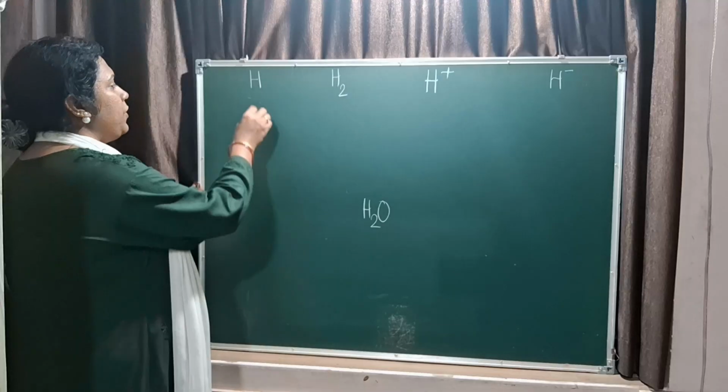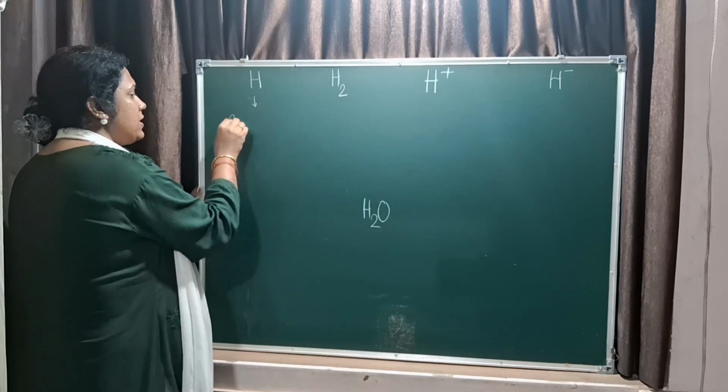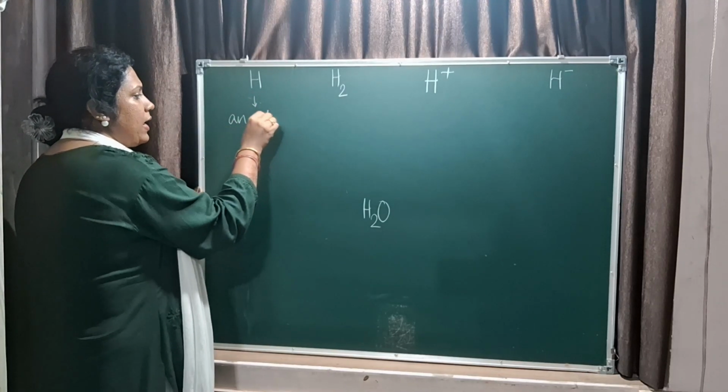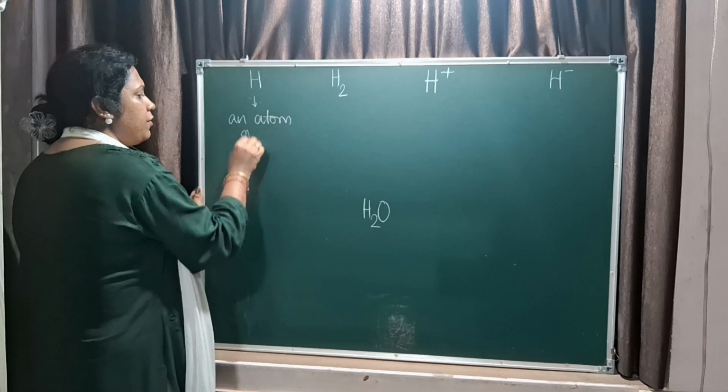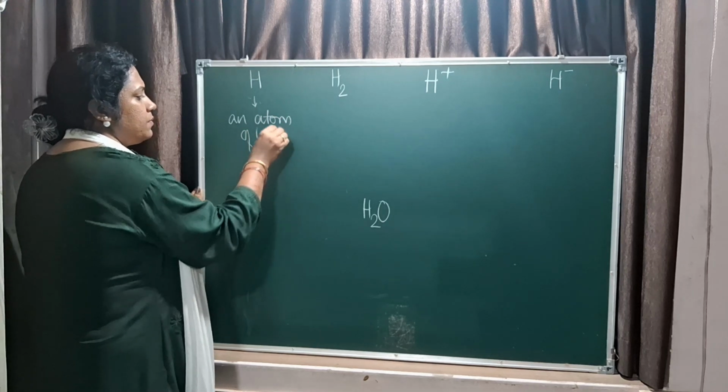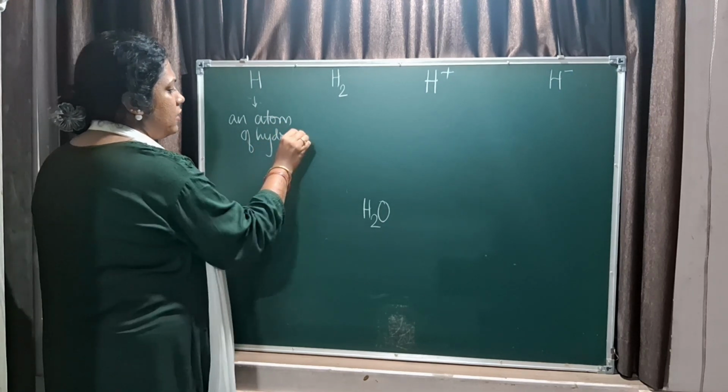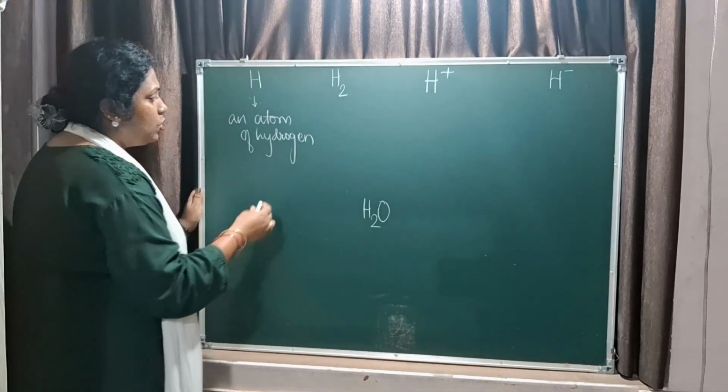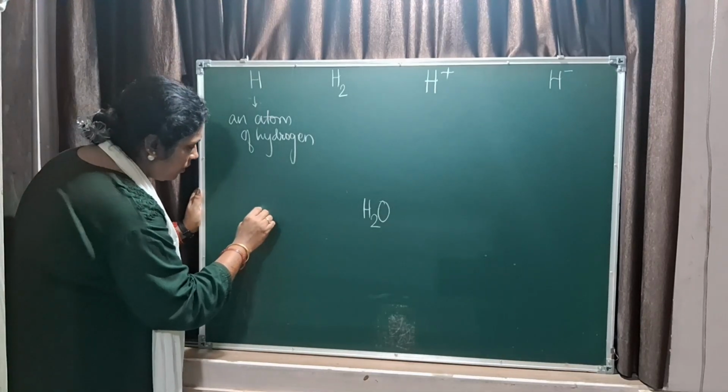So what are these? When I say H, it is an atom of hydrogen. How do I represent it in an elemental form?